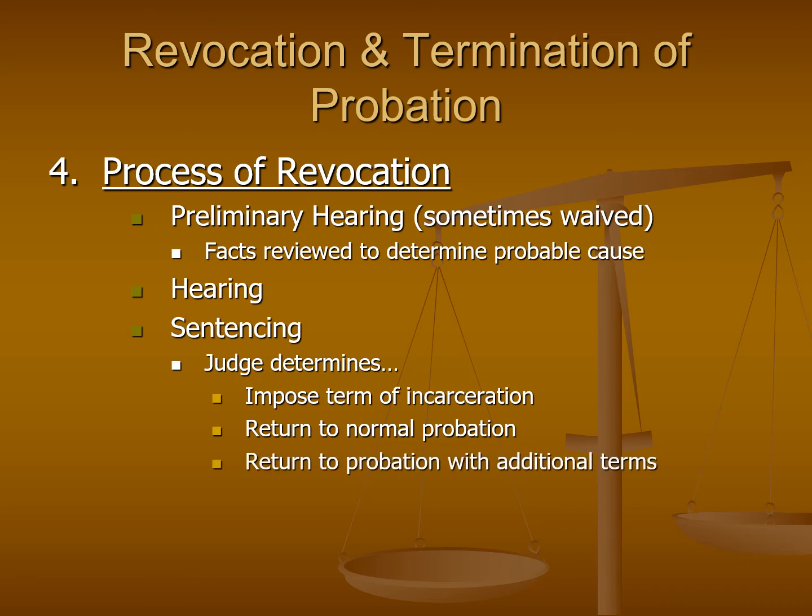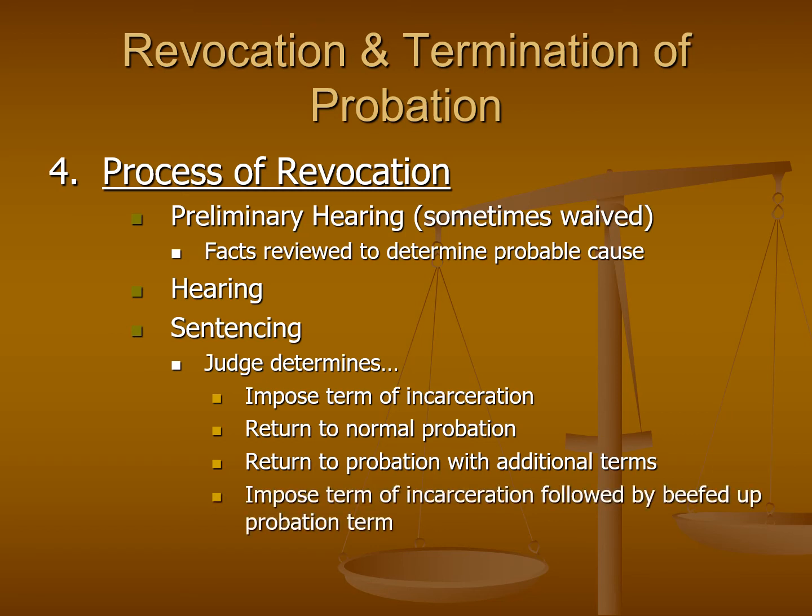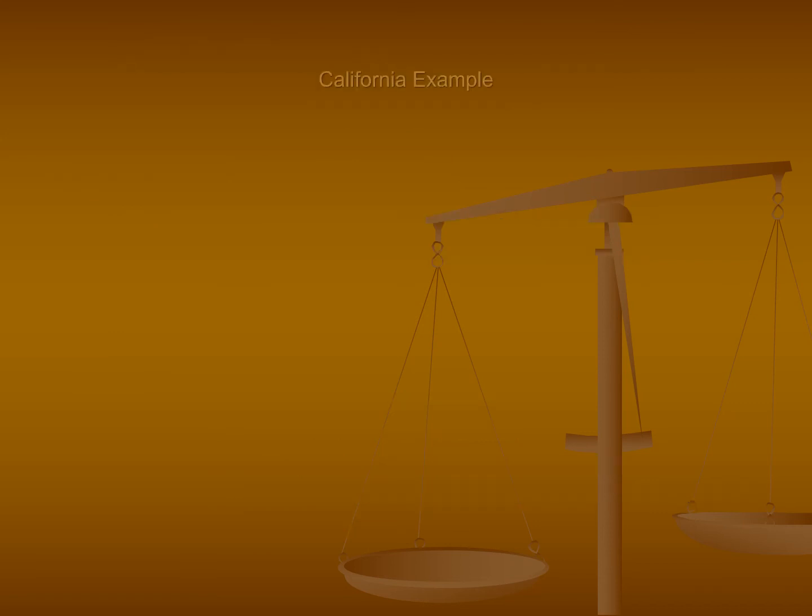Or do I return them back to their normal probation, but add additional terms and conditions and requirements for that particular probationer? Or could I mix all these together? Could I impose a term of incarceration followed by a probation term with additional terms, right? So you can see there's a puzzle of many pieces that the judge can choose from and put together in determining what they believe is the best approach moving forward for this particular individual.